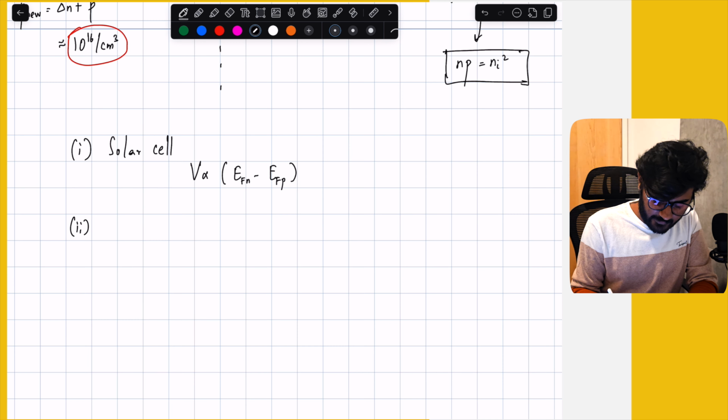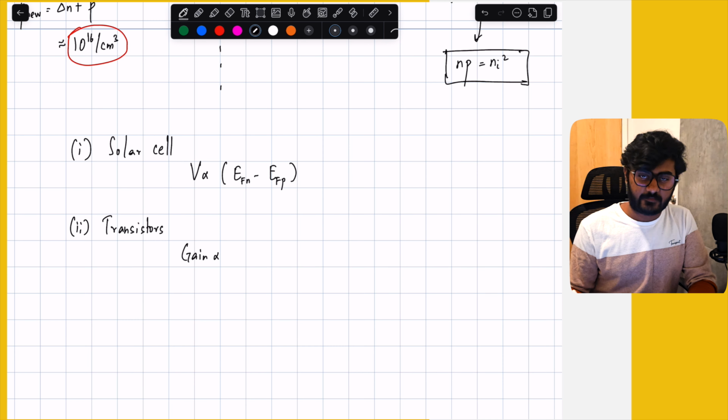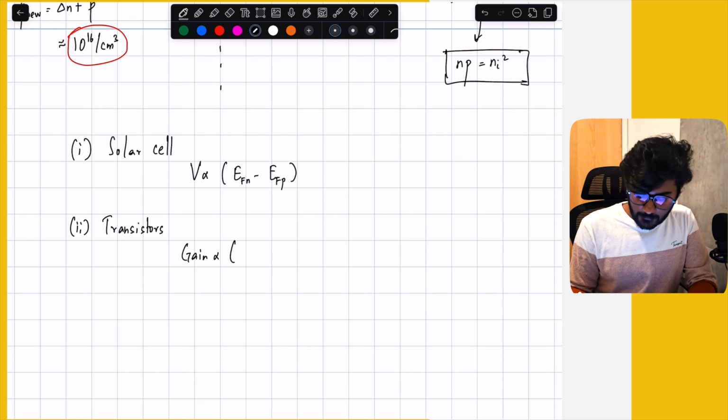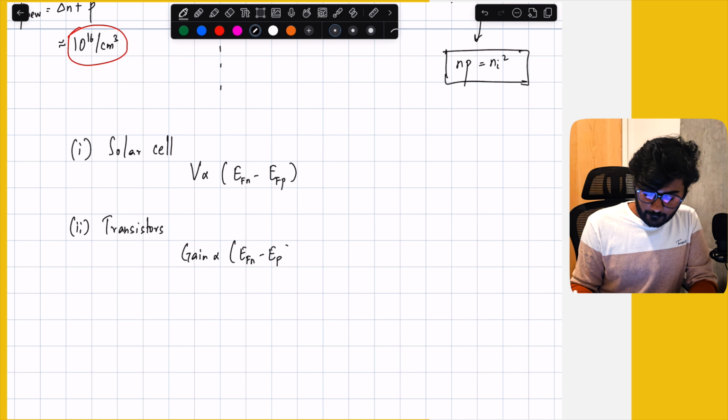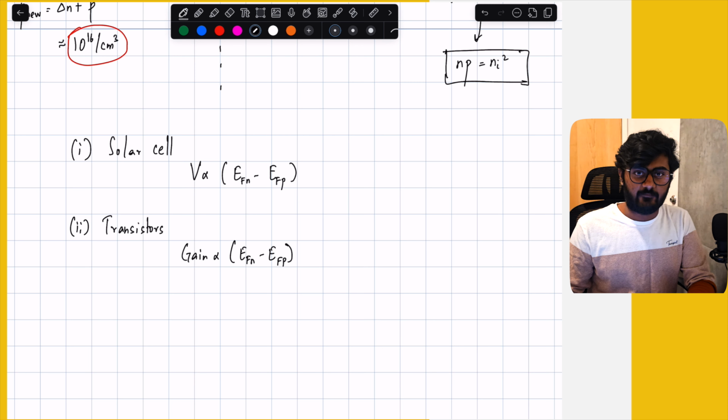Similarly, in transistors, the gain is directly proportional to the separation of EFN and EFP. Taking the example of a BJT, this separation tells us the efficiency of the current being injected from the emitter to the base. So this directly implies the gain of the bipolar transistor.